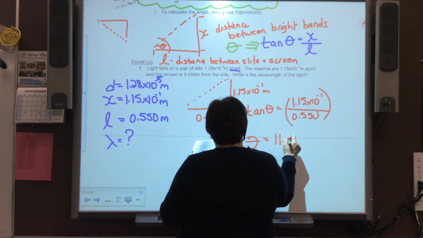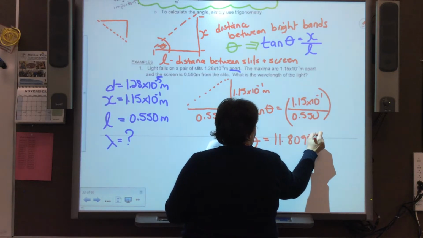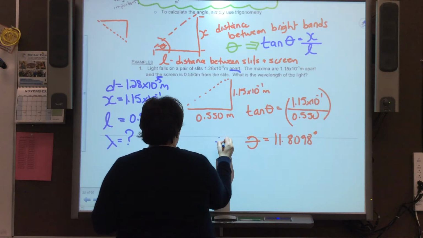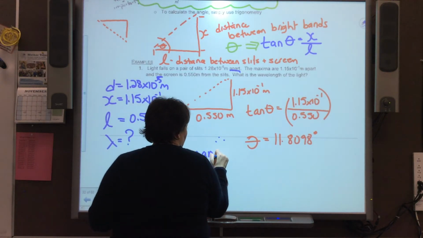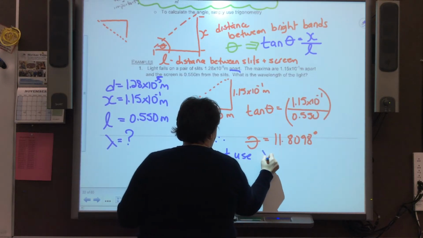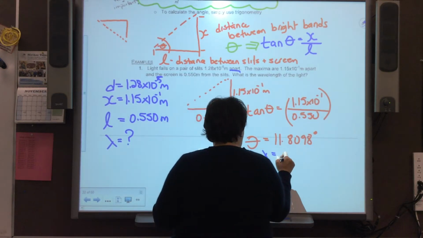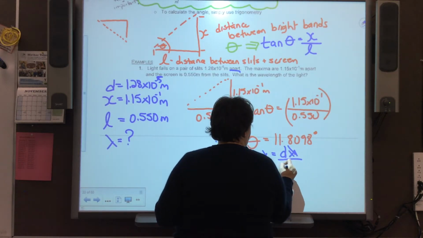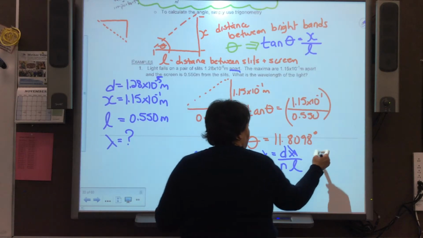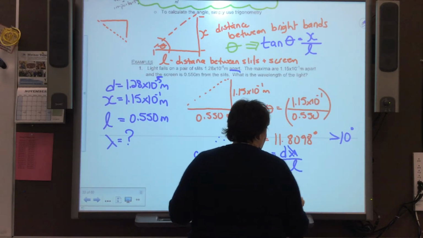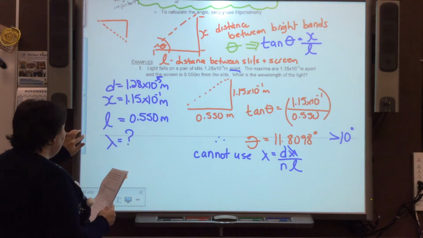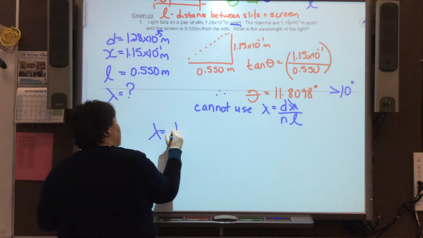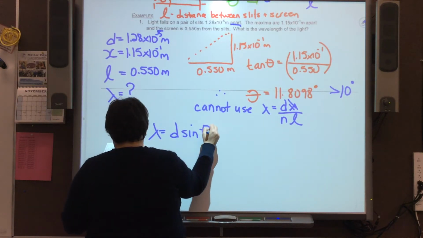We get 11.8098 degrees. So this tells us here that we cannot use lambda over NL, because this is greater than 10 degrees. So then that means that we're going to use lambda is equal to d sine theta over n.